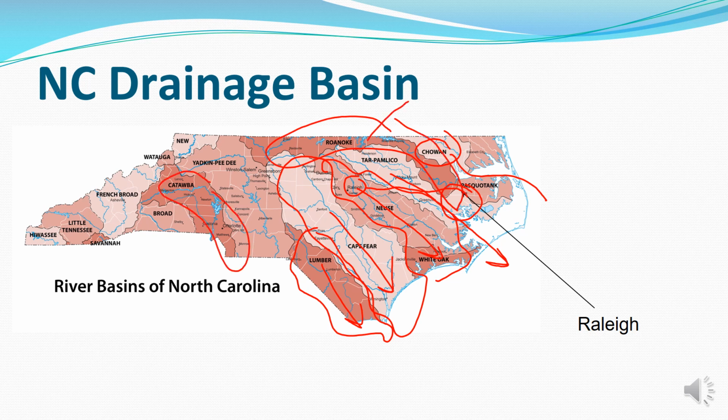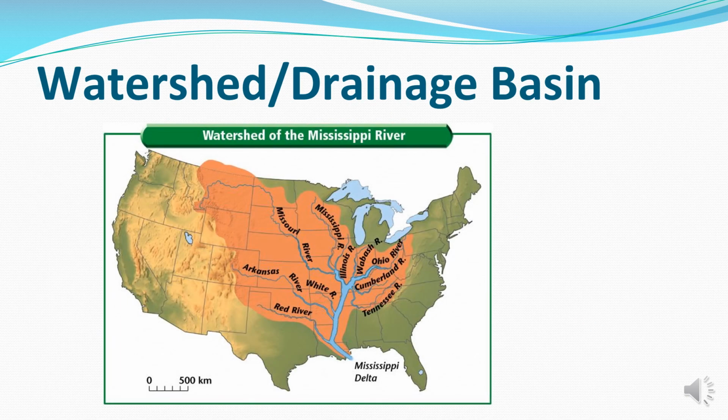Catawba. So we have a few. Watershed and drainage basins. So the watershed of the Mississippi. Okay, this is the watershed of the Mississippi. You see how all these rivers come in and all the water comes to one area.